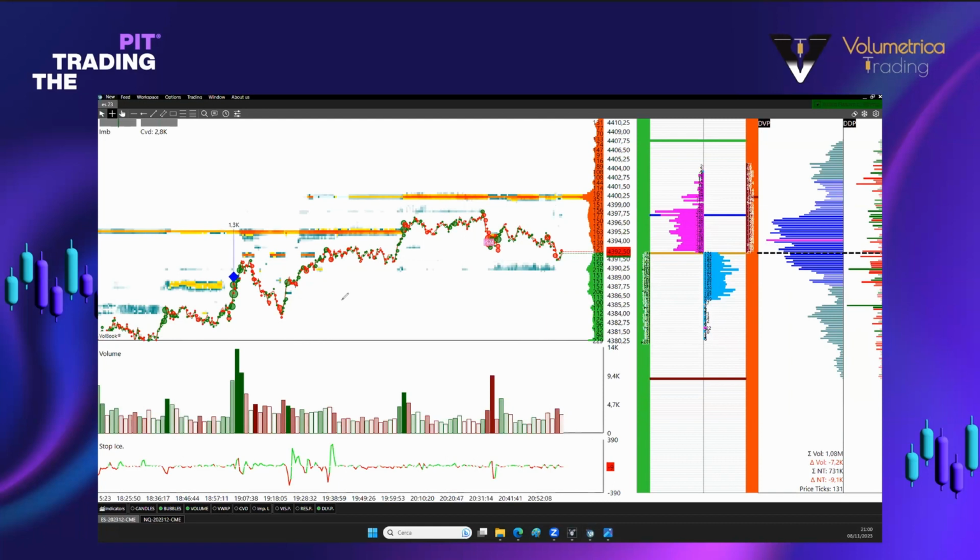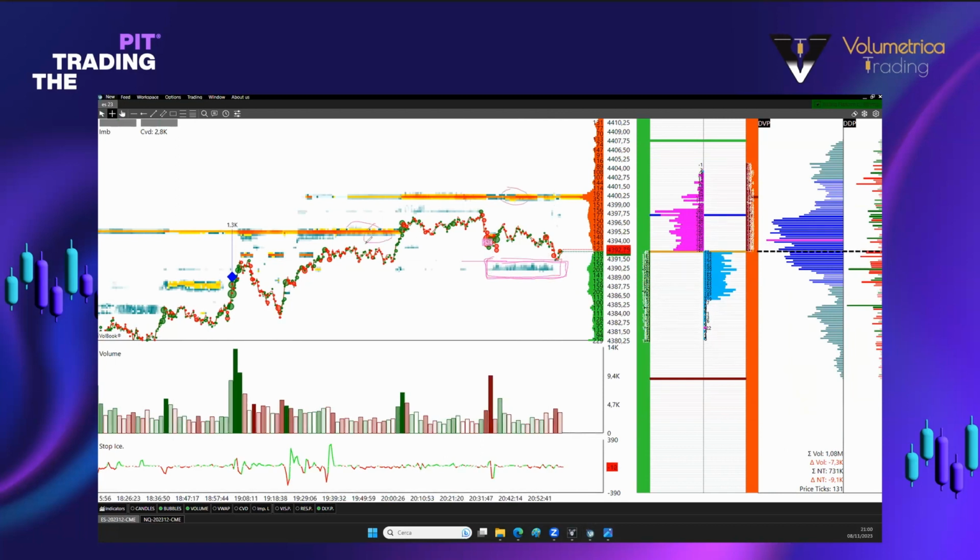For example, here we have a nice block, and we can clearly tell that this is not as relevant as this one, as this was, and so on, going backwards. Look how they're trying to reinforce this level.